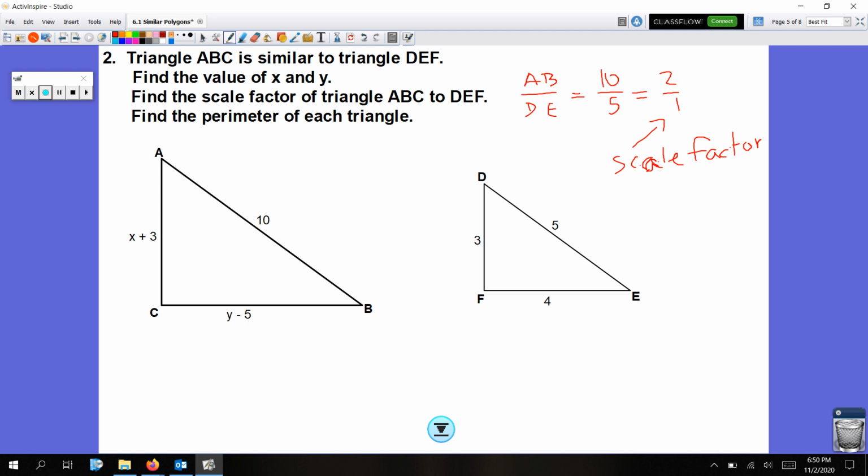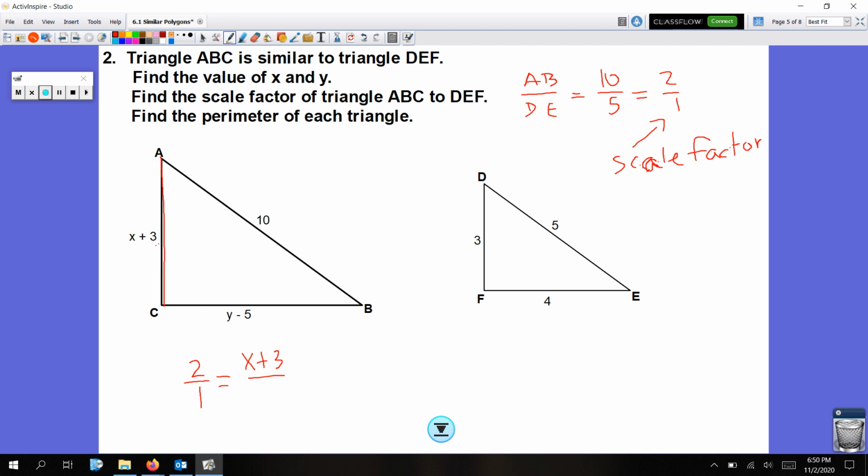Now I'm going to use that scale factor to solve for X and to solve for Y. So first I'm going to start with my scale factor, right? And I'm going to make a proportion. I am first looking for X. Okay, notice that ABC triangle is bigger than DEF, right? It's 2 times bigger. So I'm going to put this X plus 3 in the numerator. And that corresponds to DF, right?